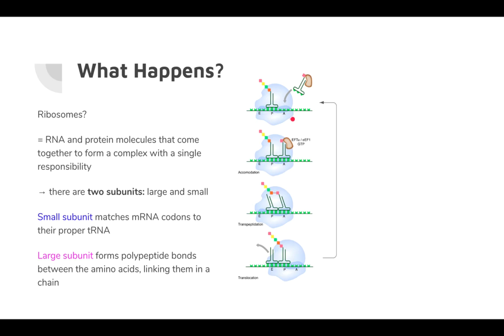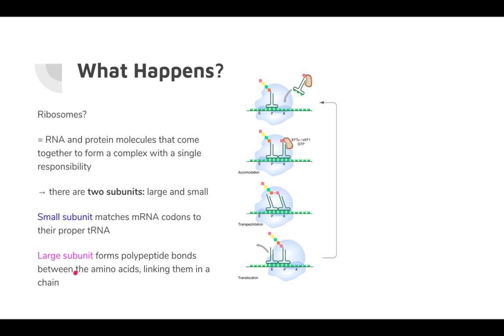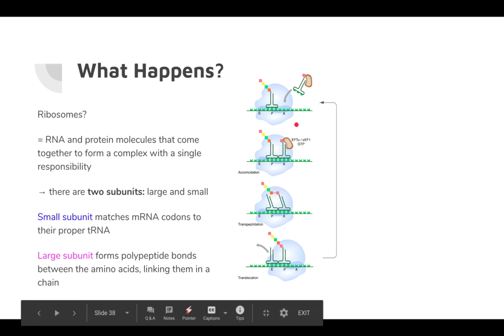The small subunit of ribosomes will aid in matching these together. Now, the large subunit of the ribosome will form polypeptide bonds between the amino acids, linking them in a chain.